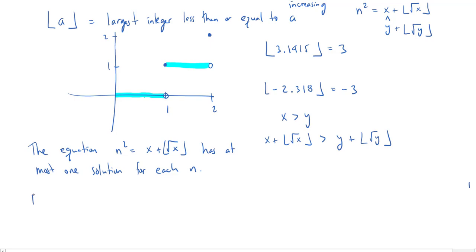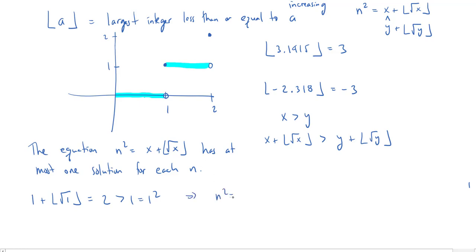And we know that already, if we start with 1 plus the floor of root 1, this is equal to 2, which is greater than 1, or 1 squared. And so that tells us that when n is equal to 1, this equation won't have a solution.